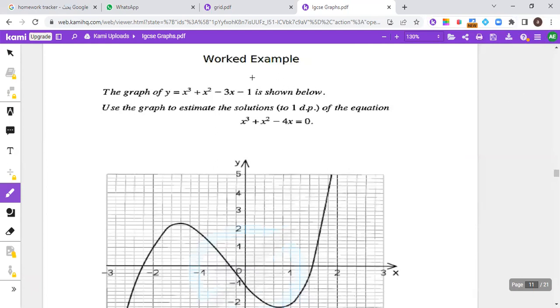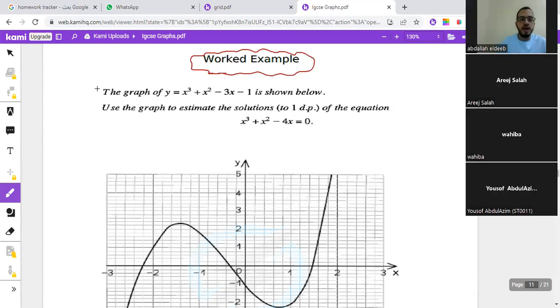Now, this worked example. Read, Arish, and please focus because this example is hard. I believe in you that you will understand it, but please focus.